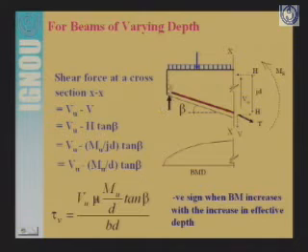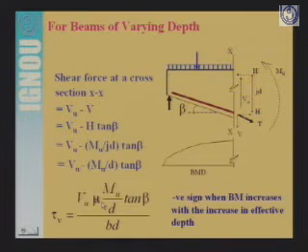Whereas in the second case, if this depth is decreasing towards right, means opposite to case 1, then depth will be decreasing along the length of the beam, whereas bending moment will be increasing. So in this second case, when depth is decreasing and bending moment is increasing, we will take the plus sign. So this is minus plus we are taking as a common formula for the two cases.